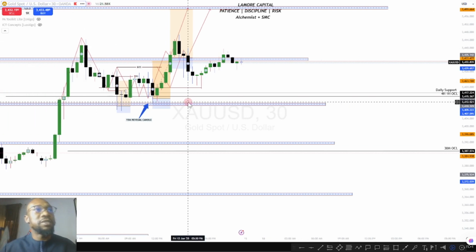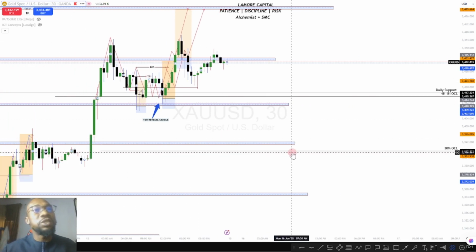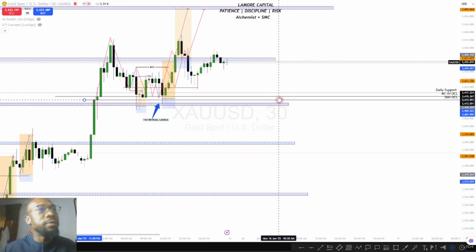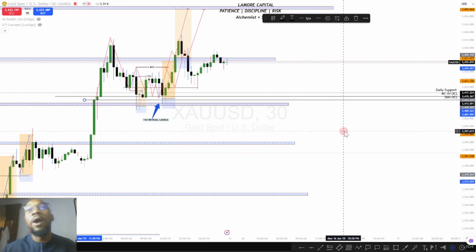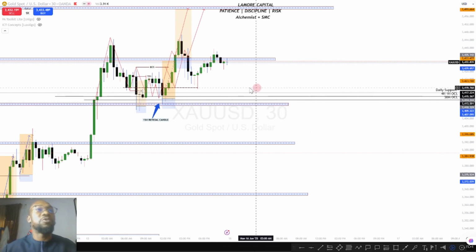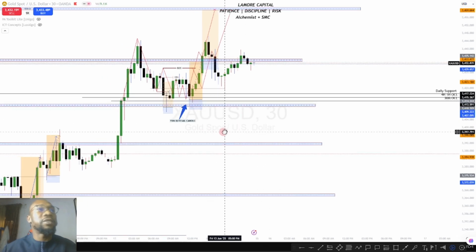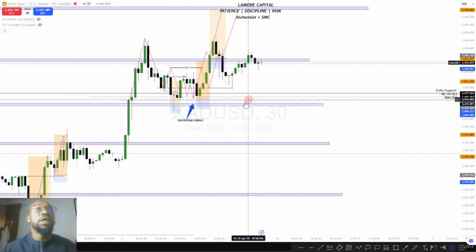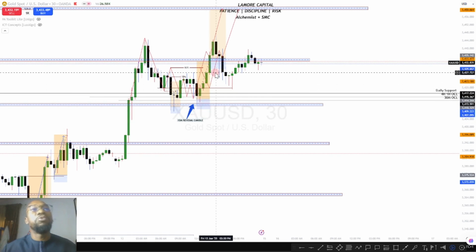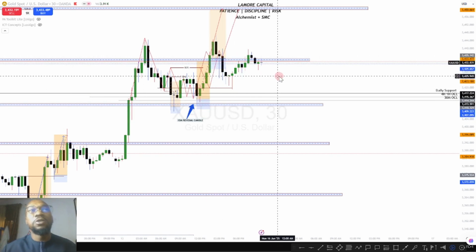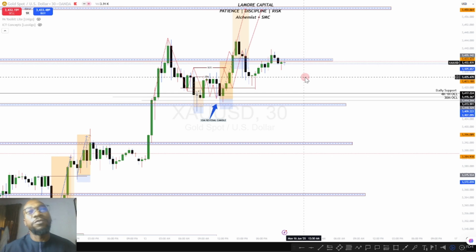On the 30-minute time frame, I saw another OCL. This is how I came by these particular lines, and this line gave me confluence that we are actually bullish for this particular day. So that very day, I wasn't looking for sells. The only thing I was looking for was buys.